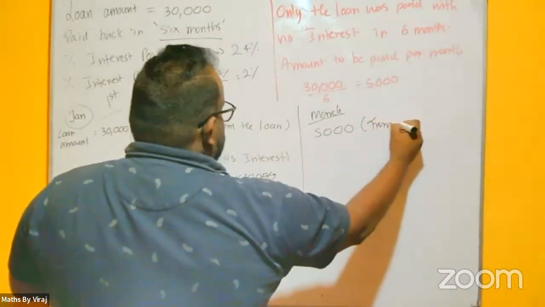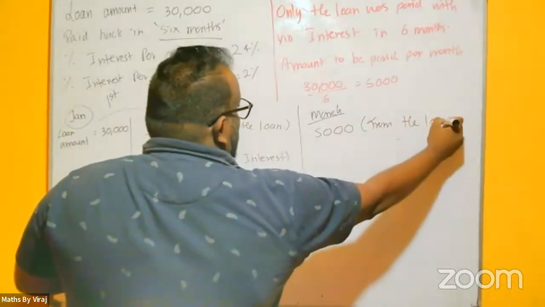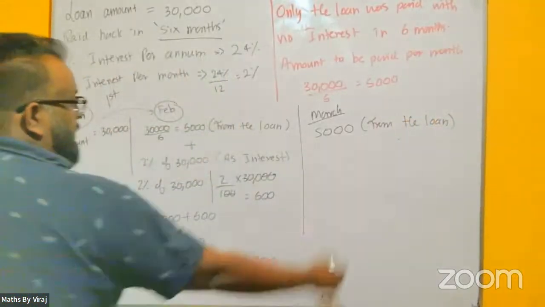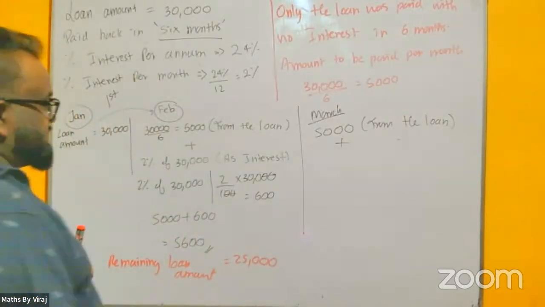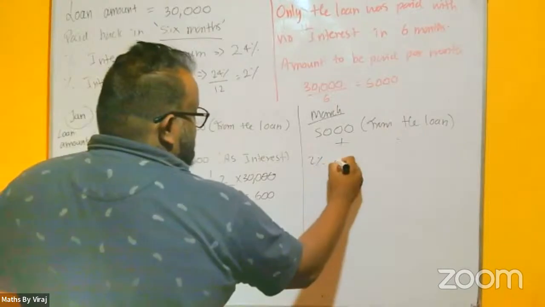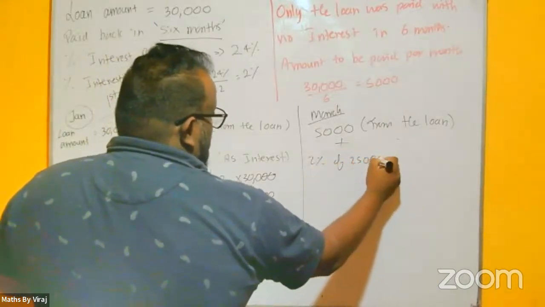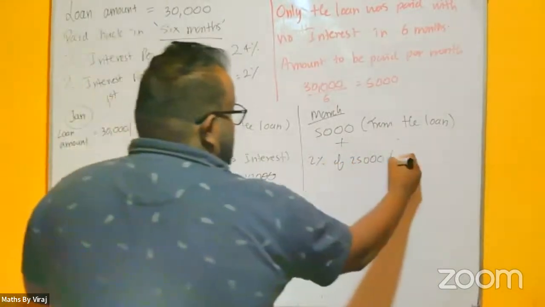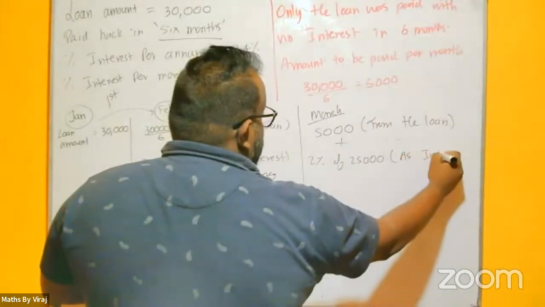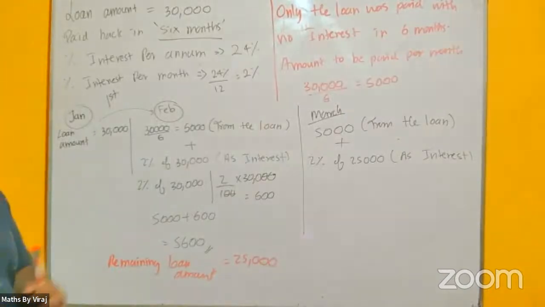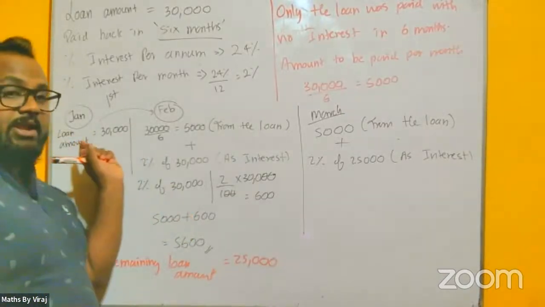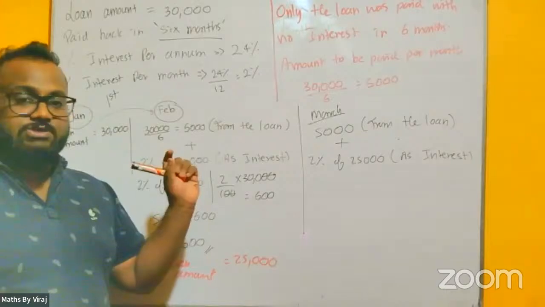And this 5,000 is from the loan amount. Plus, how much should I pay as interest? 2% of 25,000. This has to be paid as interest. Why am I to pay 2% of 25,000? In January, we took the loan 30,000.